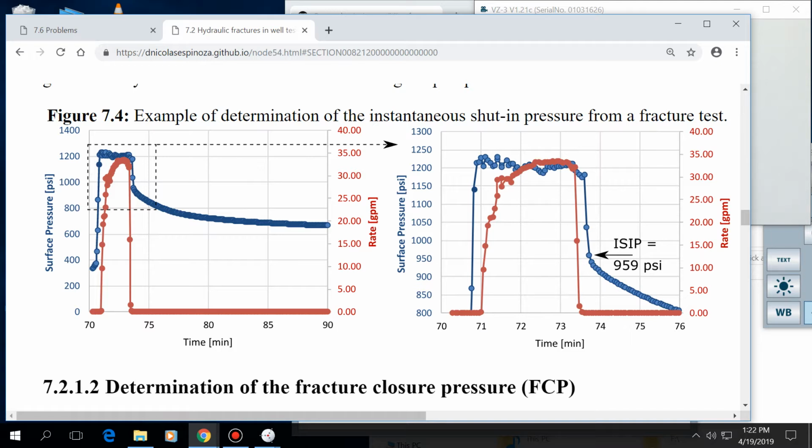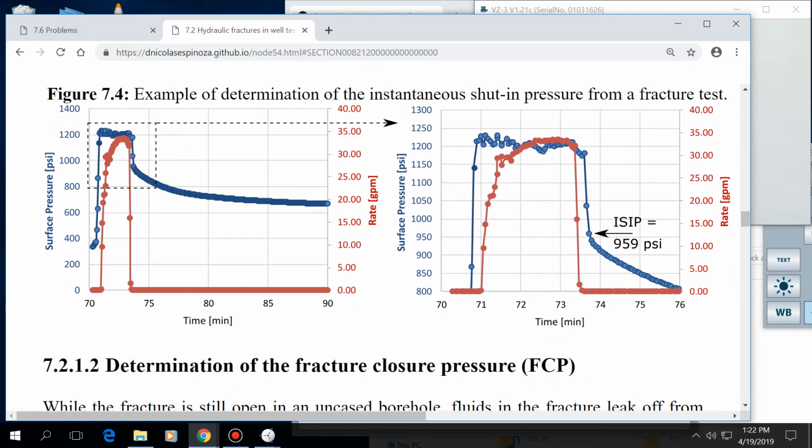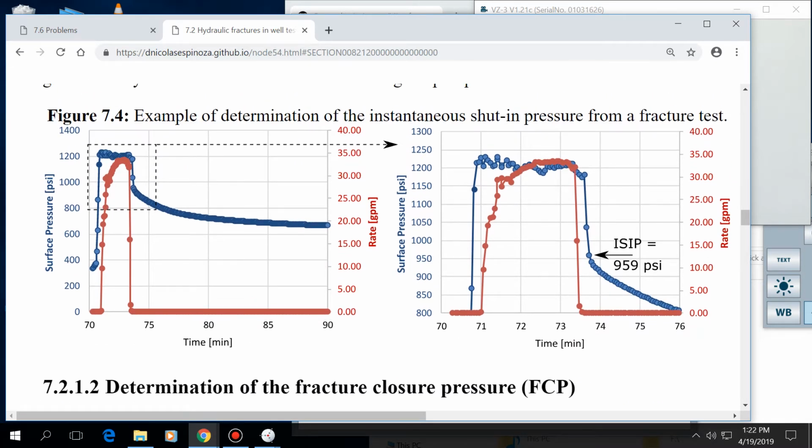And if you are fancy as I am with these plots, you can also change the color of this axis so it's easier to read which is rate and which is surface pressure. And after you do that, I'm asking you to make a zoom of that region, okay?